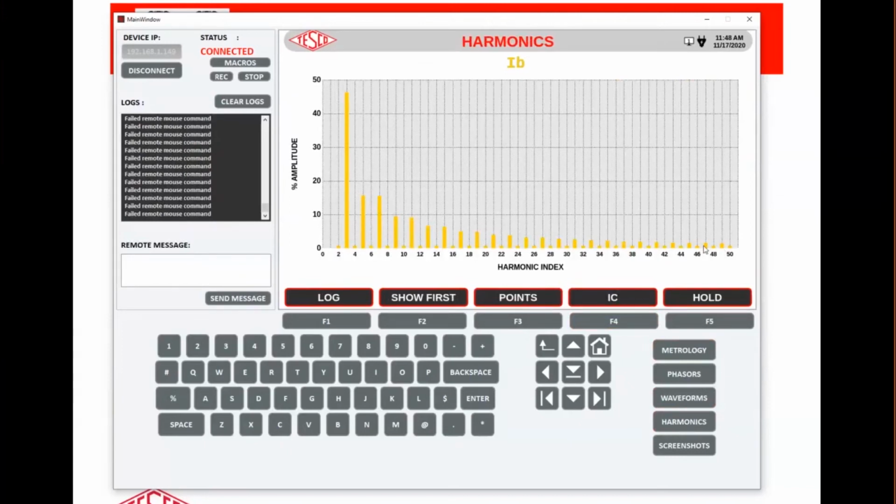And the sharper that transition is, and the more ringing that's associated with it, the higher order these harmonics go to. So this kind of control used to be used in a lot of furnaces and other kinds of heavy industrial applications, and it can really cause problems in the transformer.